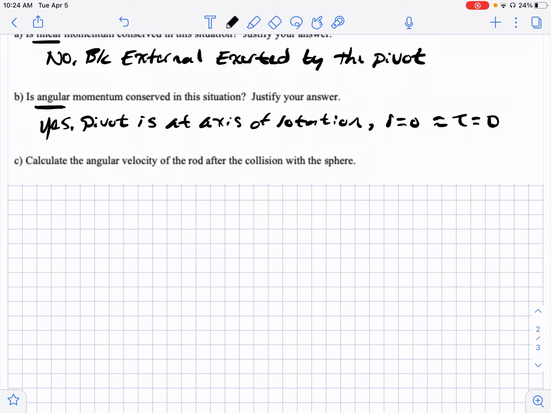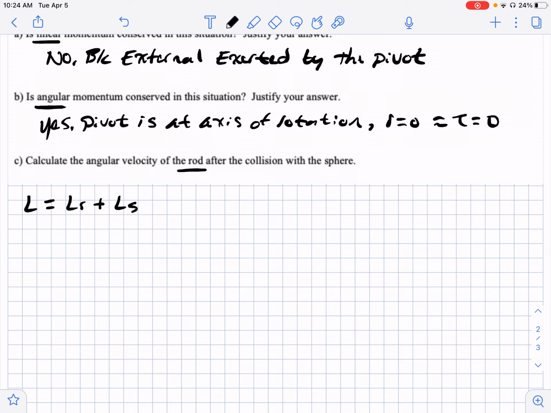And then for the last part, it says to calculate the angular velocity of the rod after the collision with the sphere. So our angular momentum before is going to equal the angular momentum of the rod plus the angular momentum of the sphere.